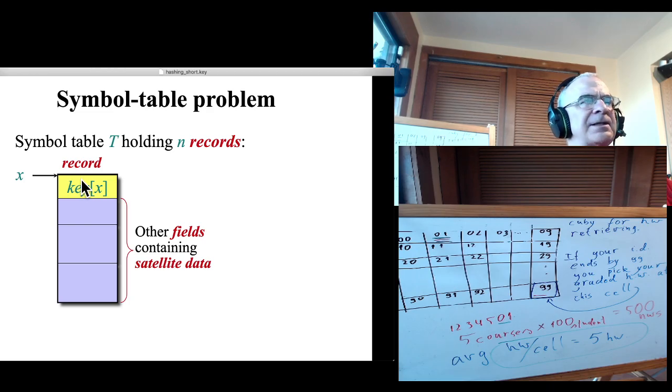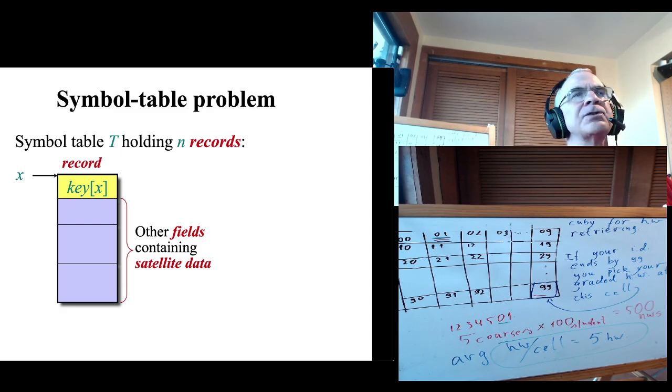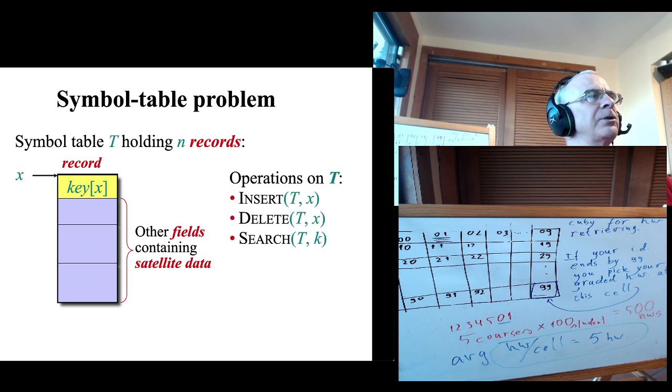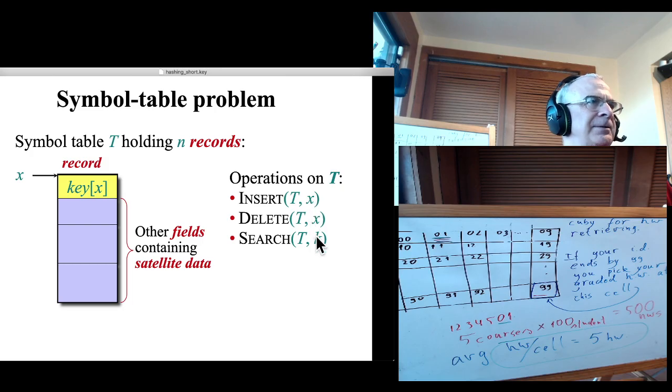So every time I say here is a key of something, always assume there is some amount of data associated with it, stored together or stored elsewhere. We don't know. And we need a data structure that will support the three basic operations: insert of a new record based on the ID, delete, and search.